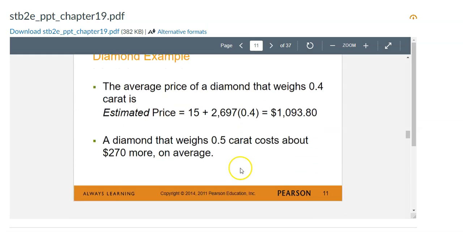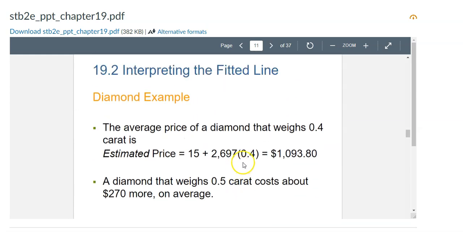Before interpreting, there was a question: what is the approximate or average estimate of the price of a diamond that weighs 0.4 carats? So 0.4 replaces the weight, multiplied by 2,697, plus 15. The estimated price comes to $1,093.08.